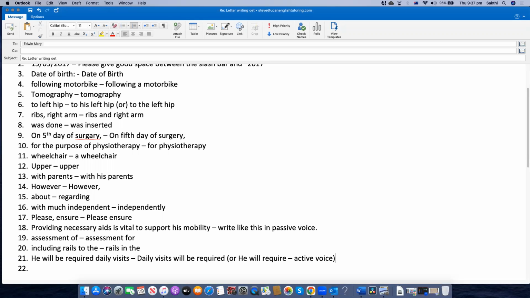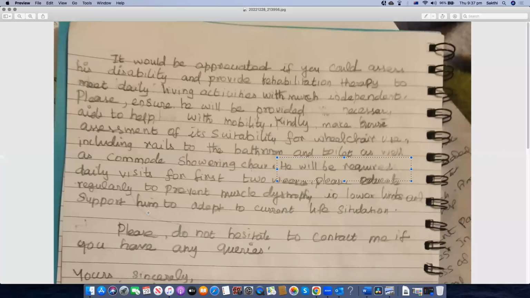For the letter, always the passive form is recommended. So use it like this: daily visits will be required, or he will require. It is better to use the passive form. This is highly recommended. All right, let's continue with the next one.